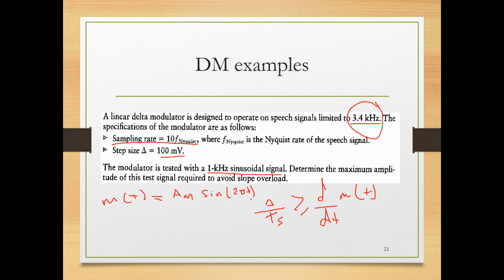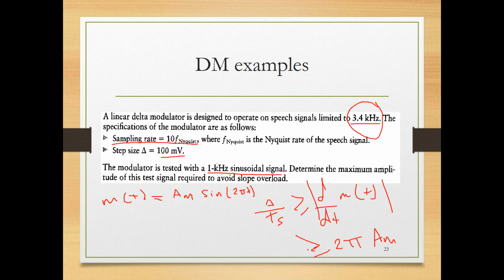Yes? You differentiate this, and you get 2π Am multiplied by cosine, and since you take the absolute value, the maximum, you just put 2π Am. Yes?